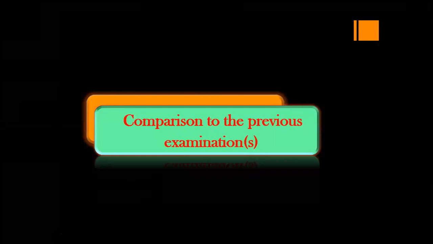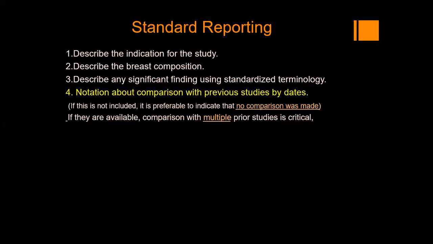And we talked already about the importance of comparison to the previous, and there should be a notation about the comparison with previous studies by dates. And if there is no previous available, it's preferable to mention that no comparison was made or no previous was available to compare with.